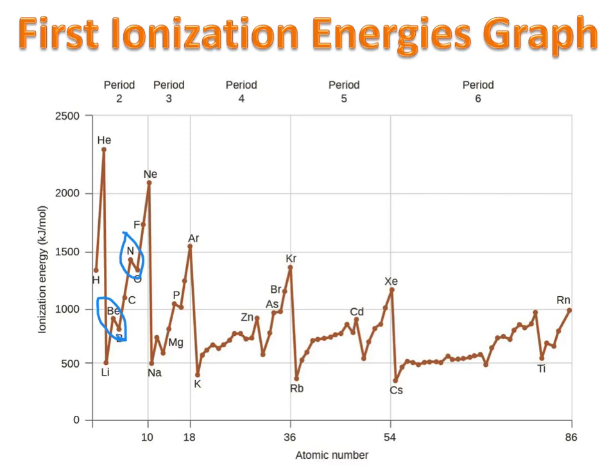The magnesium to aluminum drop, and the phosphorus to sulfur drop there. The overall trend, as you can see, going down the periodic table, is for the ionization energies to go down. The explanation for that is that the electrons are further and further from the nucleus.